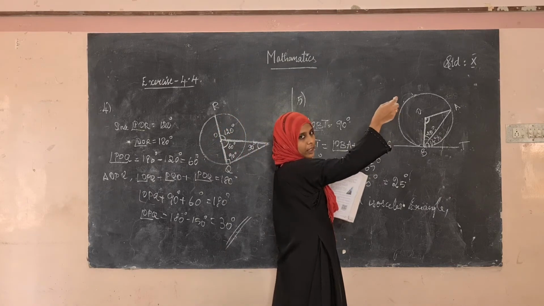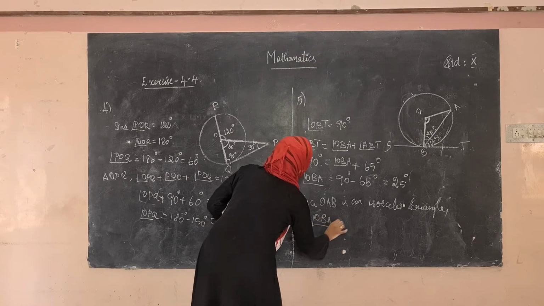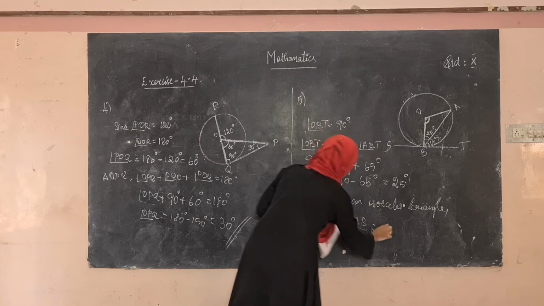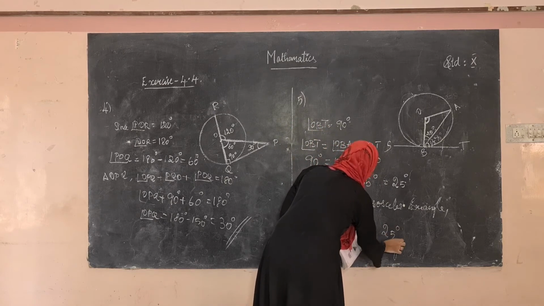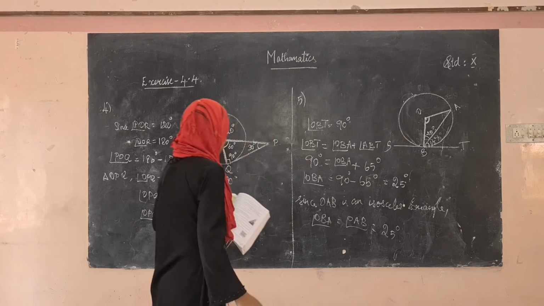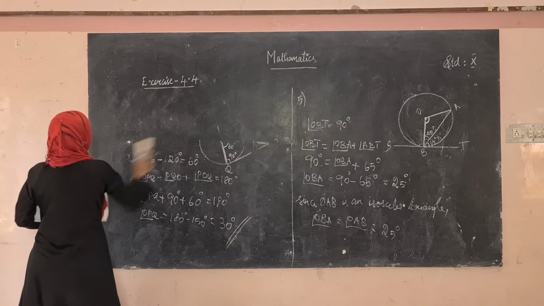The opposite angles will be same. That is, angle OBA is equal to angle OAB, which is 25 degree. We have to find AOB.